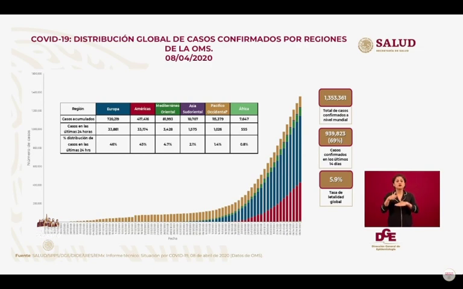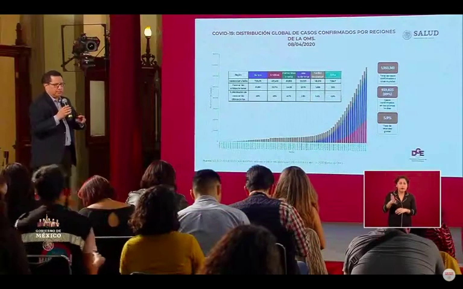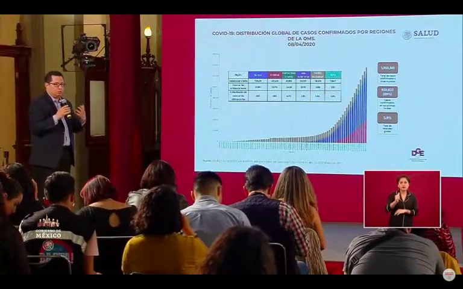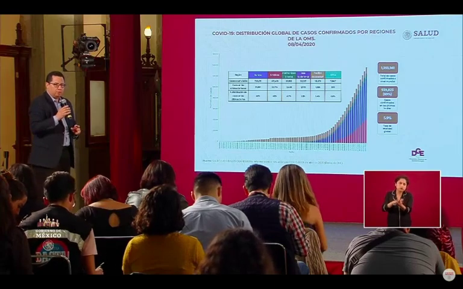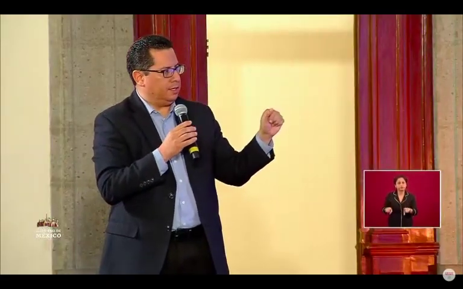And in relation to which regions present the highest burden of disease, we still have, so to speak, a match between the European region and the Americas. They both are represented in a proportion of 45 to 46%.